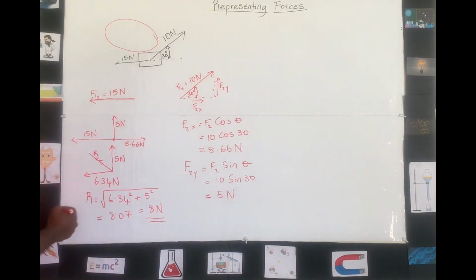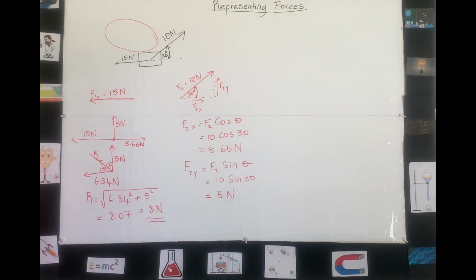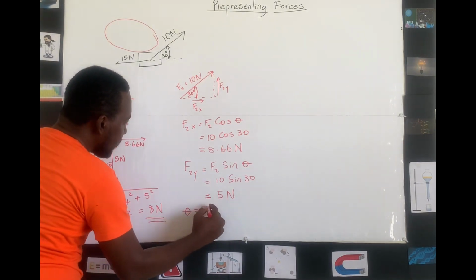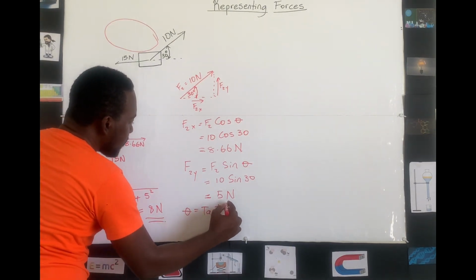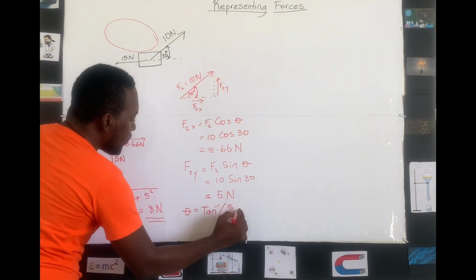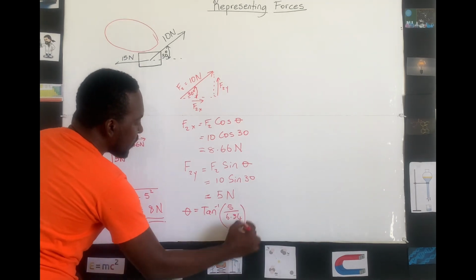Now we need to know what the angle is. We can find the angle to the horizontal, or we can find the angle to the vertical. So let's find it to the horizontal. We're going to find theta, and for theta we can use tan. So it's the tan inverse of the opposite side, which is 5 newtons, over the adjacent, which is 6.34.